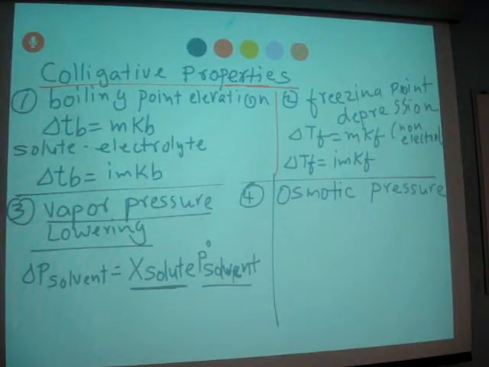Now we are going to talk about osmotic pressure. So what's the formula for osmotic pressure? Pi equals M R T. Remember, this time it is capital M, which is molarity.